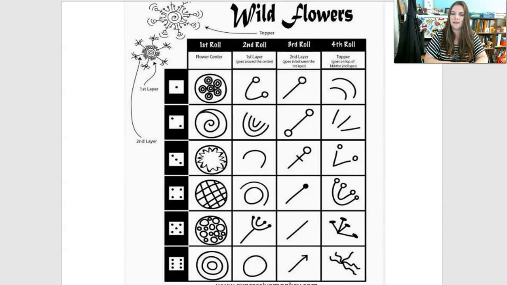I will share this in our posts when I make the afternoon post. And you'll need a standard 6-sided die. If you don't have one, you could do a couple of things. You could go online and get a random number generator, but just go up to 6 because this die only has 6 sides and there are only 6 choices on here, as you can see.